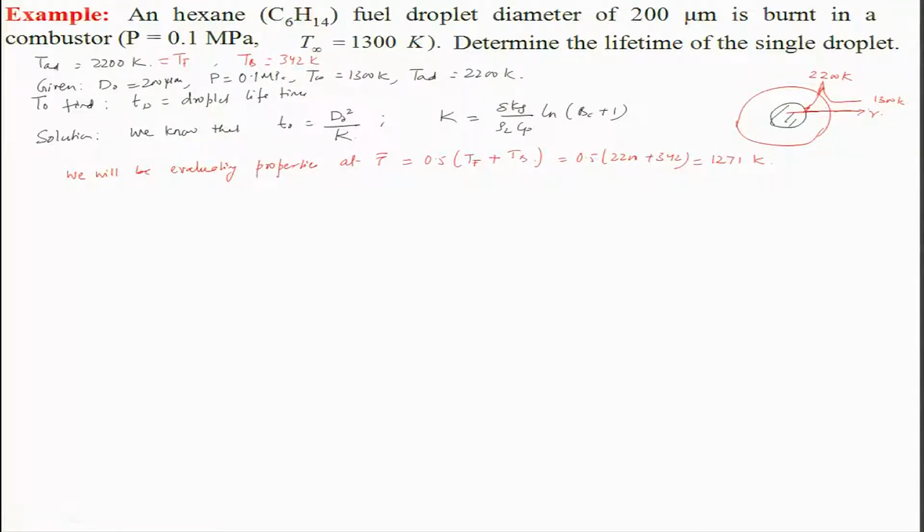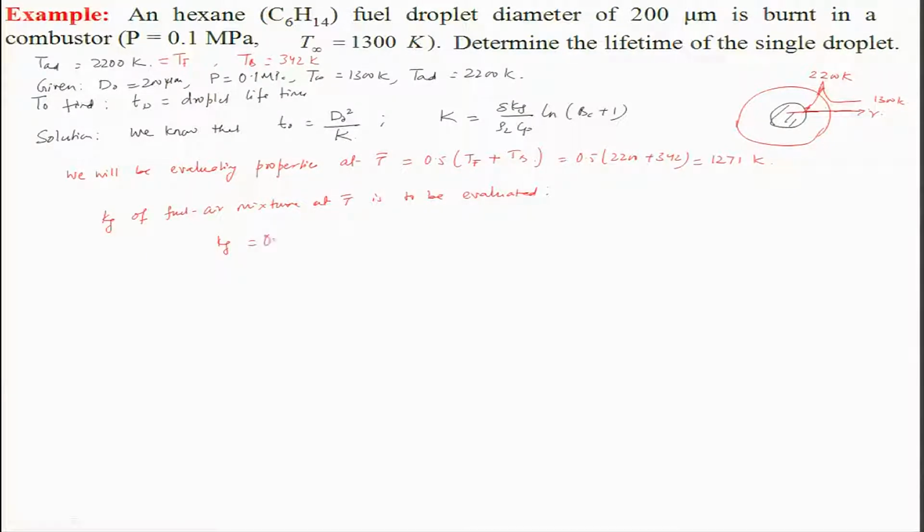Now, the question arises: oxygen also has different properties, and fuel has different properties. What will you have to do? Let us say the gas thermal conductivity Kg is to be evaluated as that of the fuel-air mixture at T average. How will we do it?